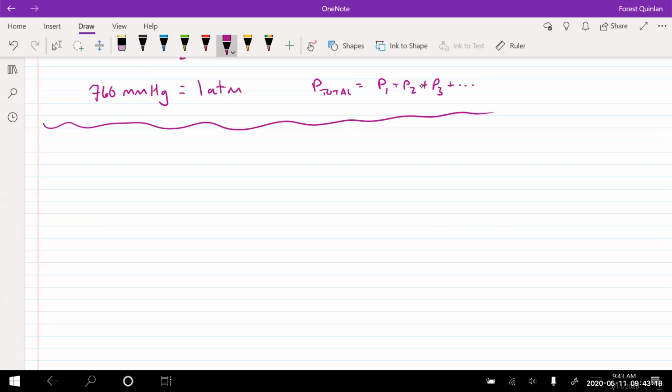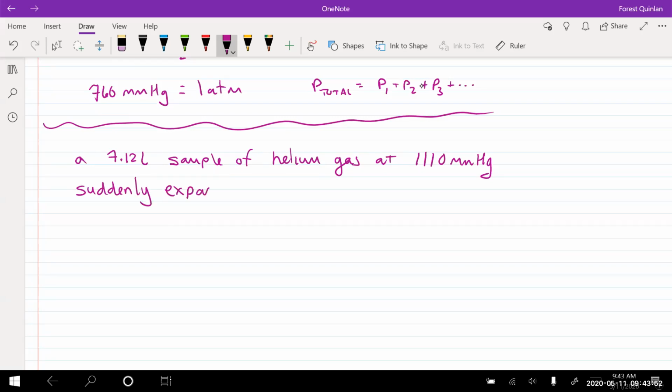A 7.12 liter sample of, I don't know, helium gas at 1,110 millimeters of mercury suddenly expands to, I don't know, let's go 12.19 liters. What pressure caused this?